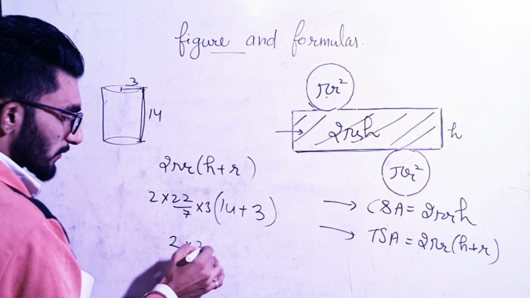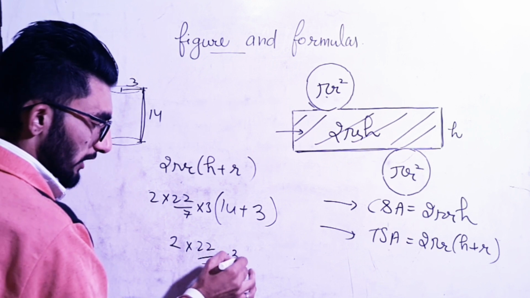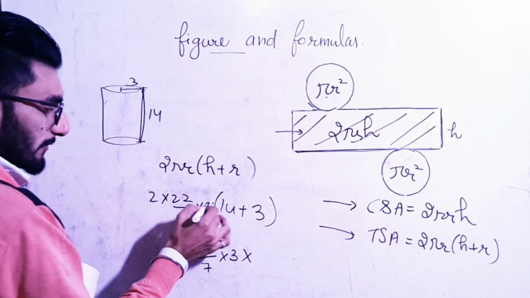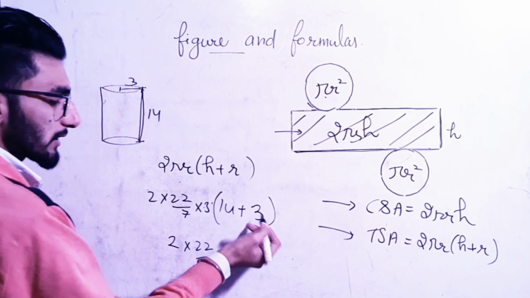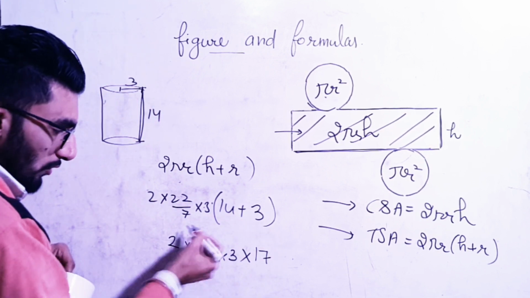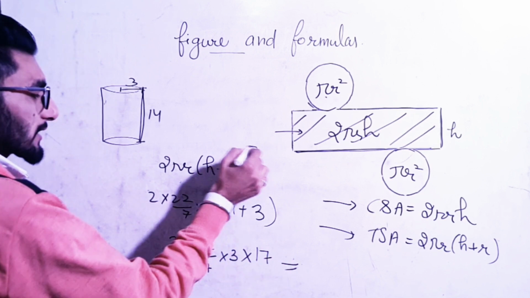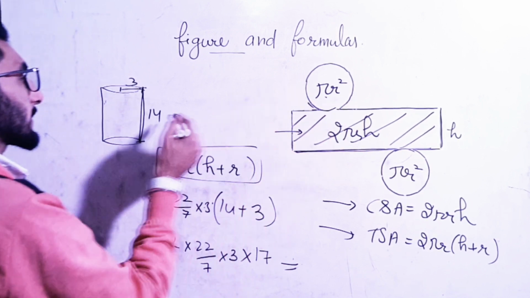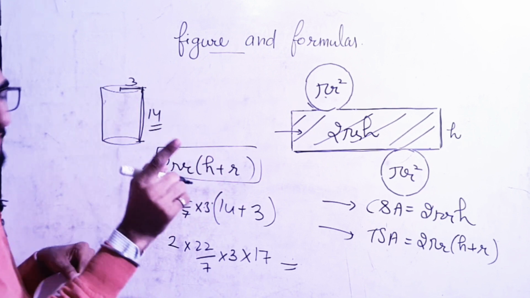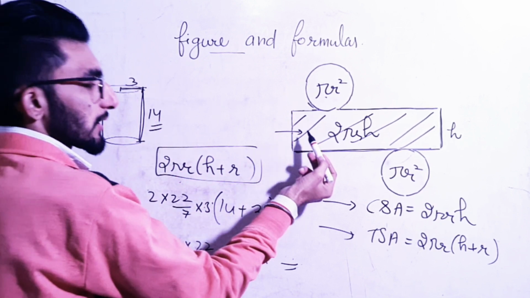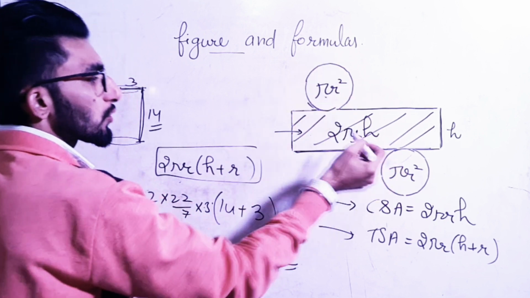So 2 multiply 22 by 7 into 3 multiply, so 3 will multiply with this bracket. So 3 multiply with 17. So when we will solve it, we will get the total surface area of this cylinder in which height is 14 centimeter and the radius is 3 centimeter. Okay, so this is curved surface area and total surface area.